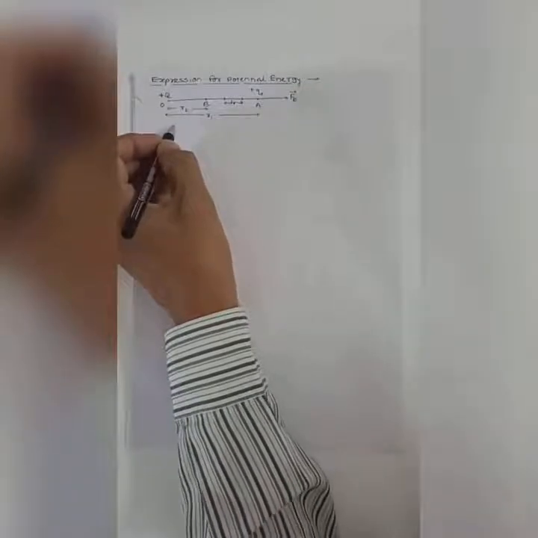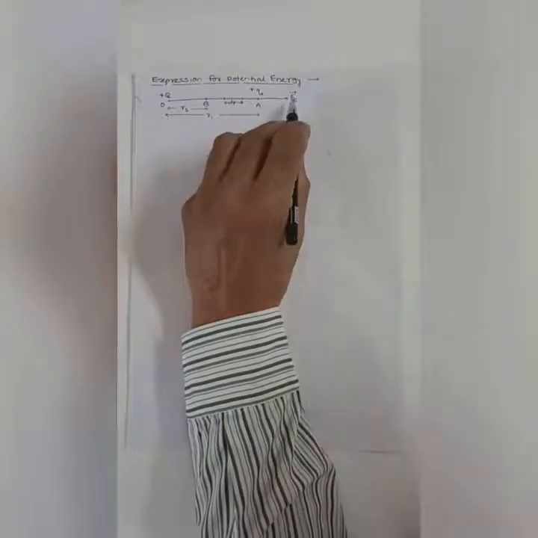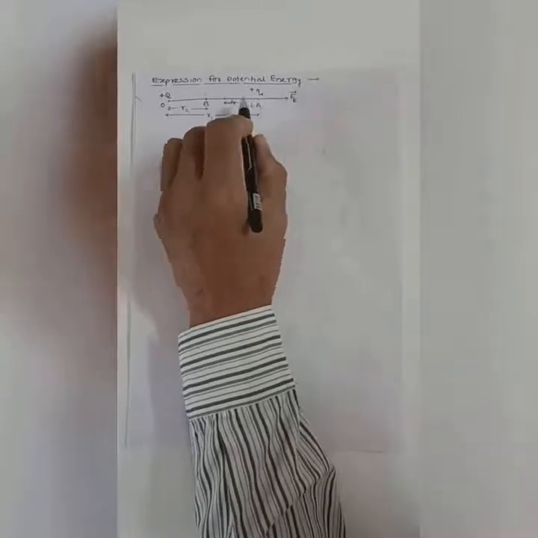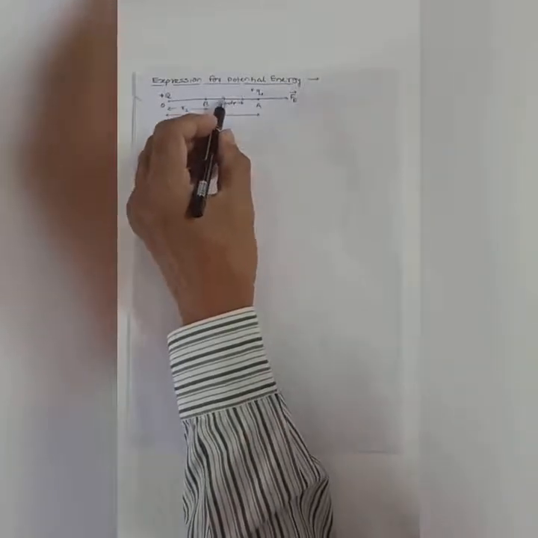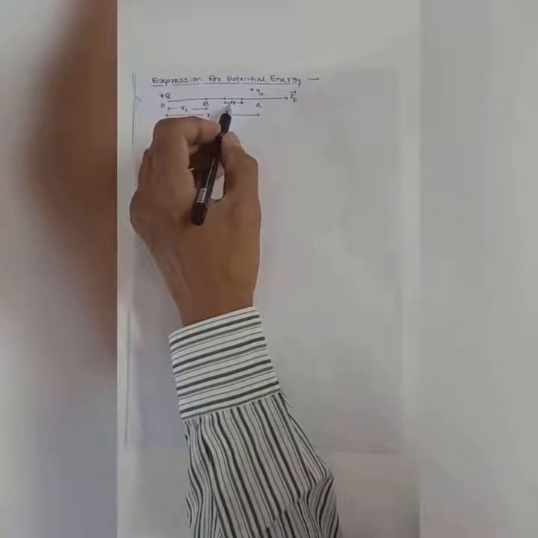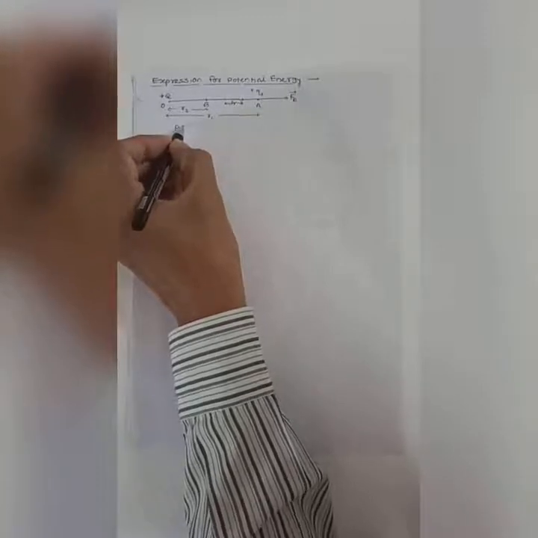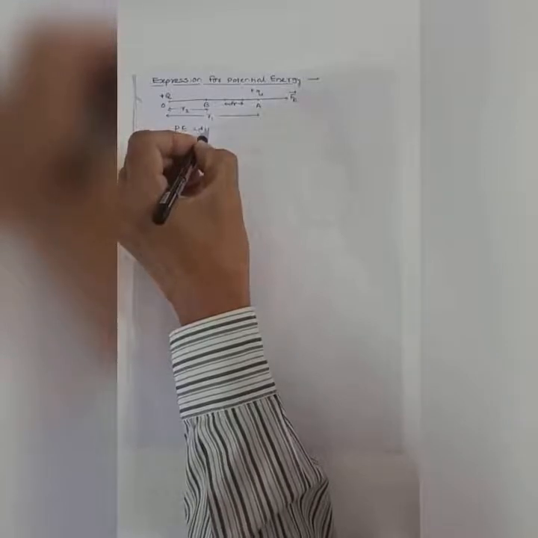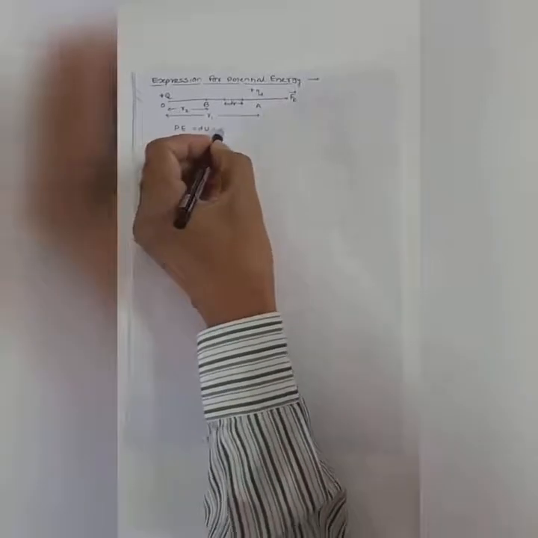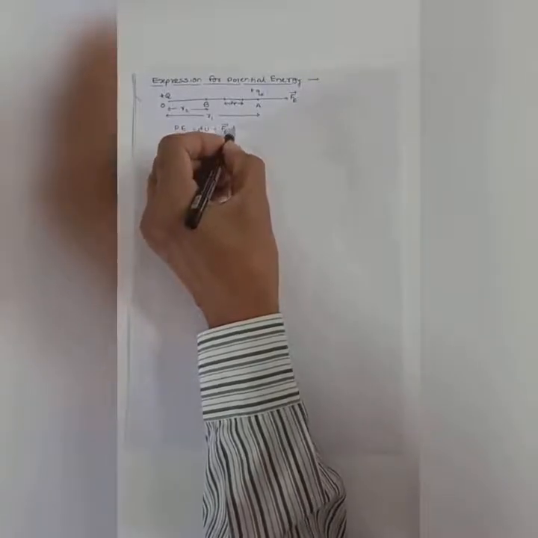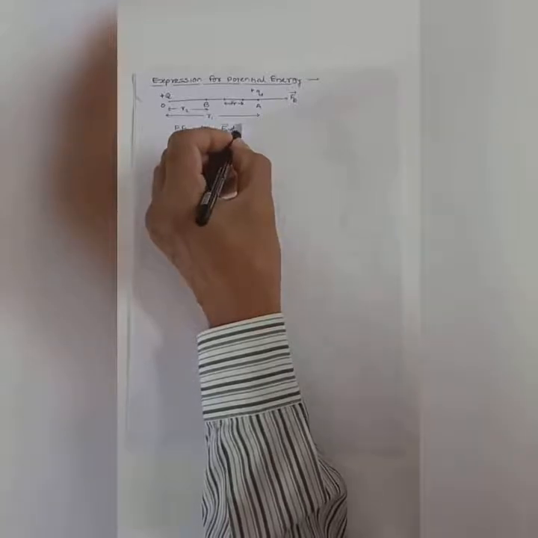So work done against electrostatic force of repulsion in displacing the charge Q0 through a very small displacement dr is the increase in potential energy. So work done is equal to the increase in potential energy, and it is denoted by dU, and it is equal to the product of electrostatic force and very small displacement dr.